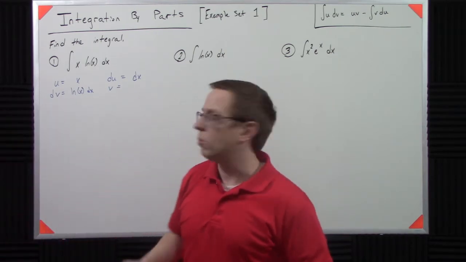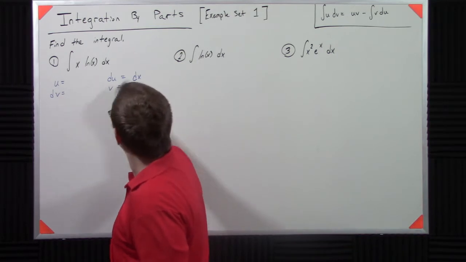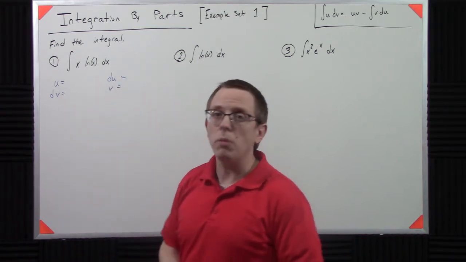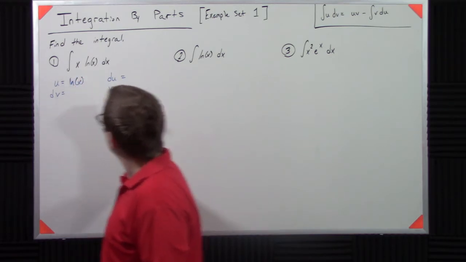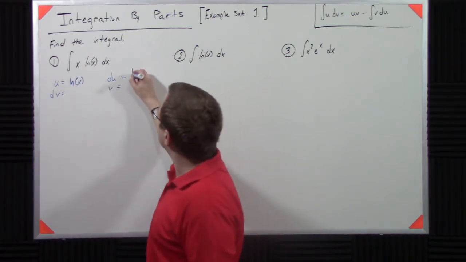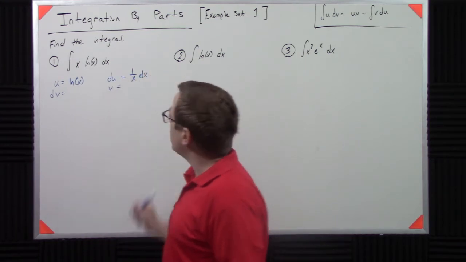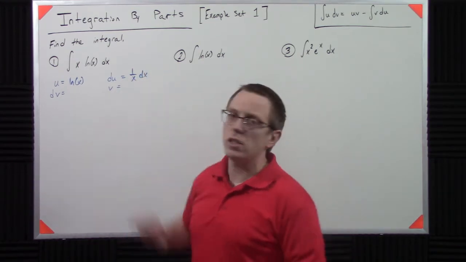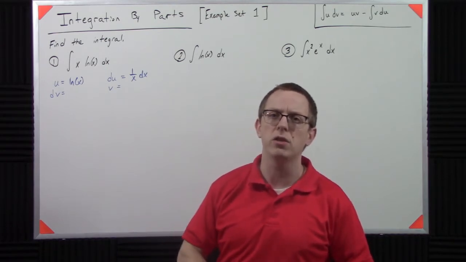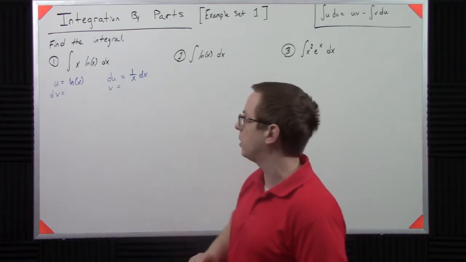So let's try the other way. I'm going to pick u to be the natural log of x. So du is 1 over x dx. Now that's not much more complicated. I would actually call it easier. It's nice when you have things in terms of powers of x versus natural logs or e's or something like that.